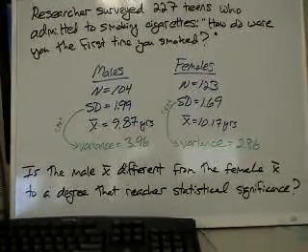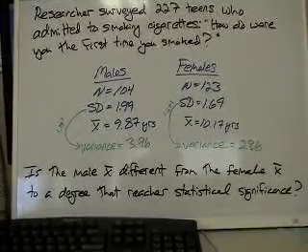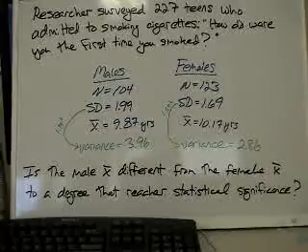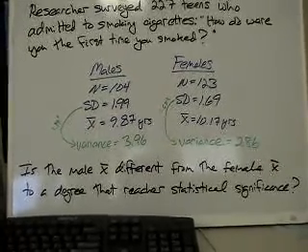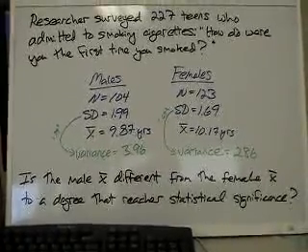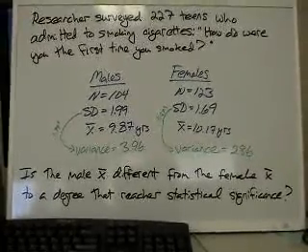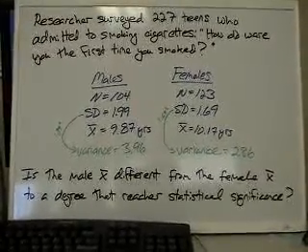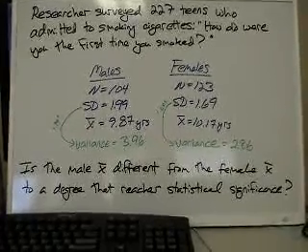Likewise for females, you have a standard deviation of 1.69. If you square it, you get a variance of 2.86. So just remember that if I give you the N size, the standard deviation, and the mean for two different samples within a population, you should be able to compare them. So the question is: is the male mean different from the female mean to a degree that reaches statistical significance?